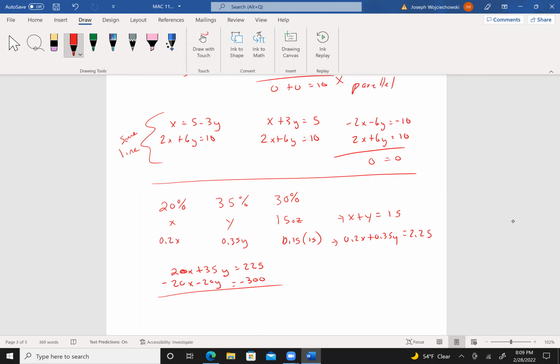That's not right. Something's wrong here. Did I mismultiply the 15 times 1.5? I think that's it. 15 times 1.5. Nope, that's not what I want. I want 15 times 0.15. Oh, that's 225.